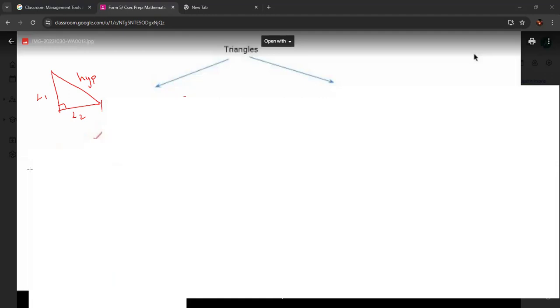So let's say they gave us a right angle triangle with only sides, right? They might give you two sides and ask you to find a third side. So let's say they gave us a triangle and they told us this side is 10.